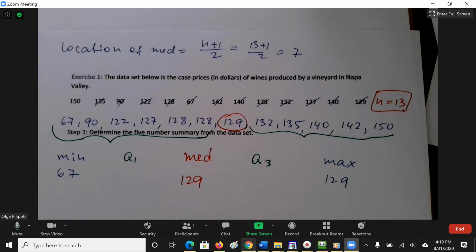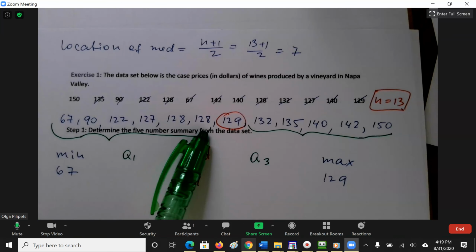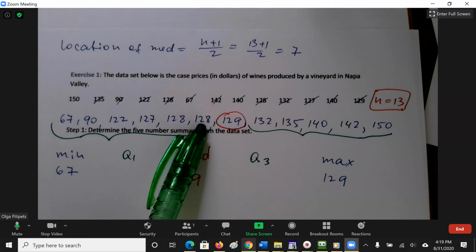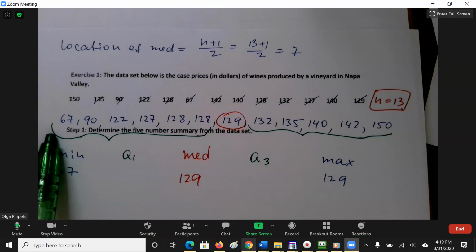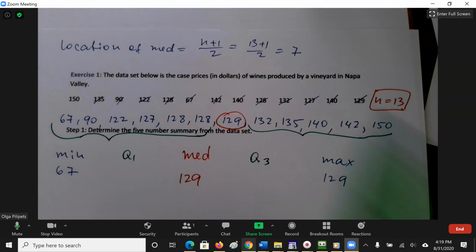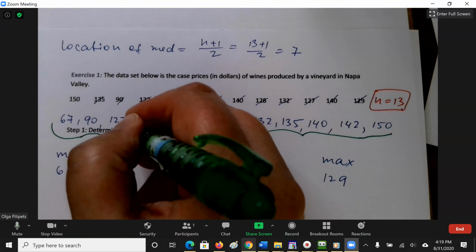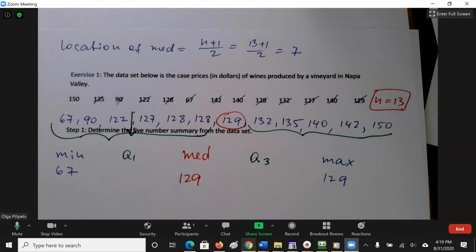All right, so now in order to find quartile 1, I'm gonna do the same thing. I'm gonna find the median of this string of numbers. Now I have only 6 numbers, so I could tell that it's between value number 3 and value number 4.